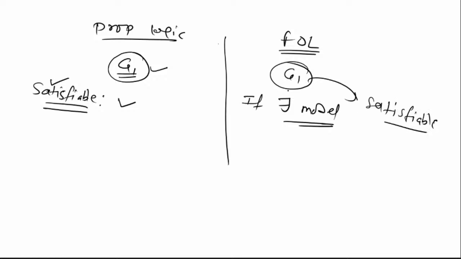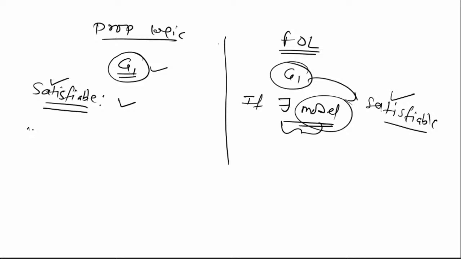Satisfy means we can make it true. If you can prove that there exists at least one model, then you can say that this G1 is satisfiable.